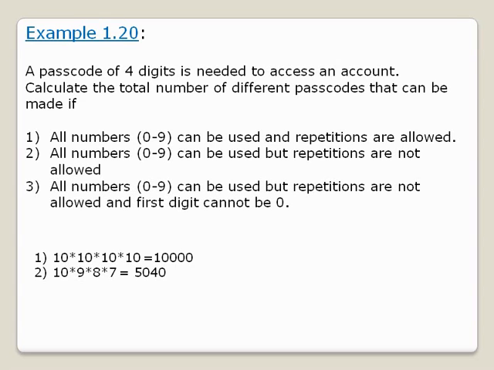Number 3. If all numbers 0 to 9 can be used, but repetitions are not allowed, and the first digit cannot be 0. Now, you cannot use 0 in the first place, therefore, you have the remaining 9 digits for the first position.